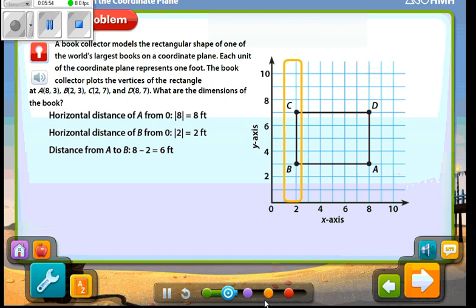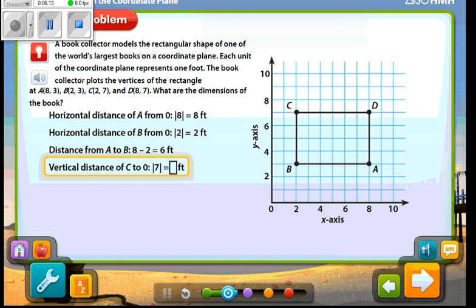Since the x-coordinates are the same, points B and C lie on a vertical line. Think of this line passing through B and C as a number line. What is the vertical distance of C from 0? Right here they're finding the vertical distance, starting all the way at the bottom, which we know is 0.